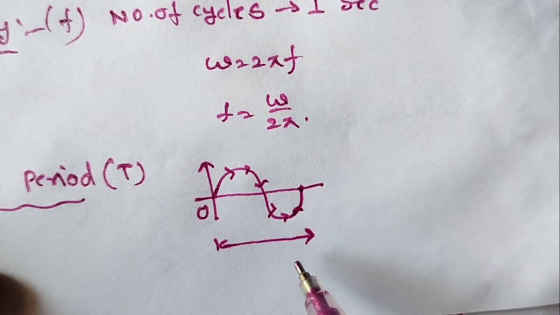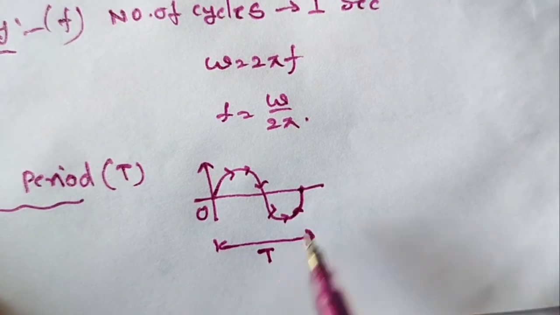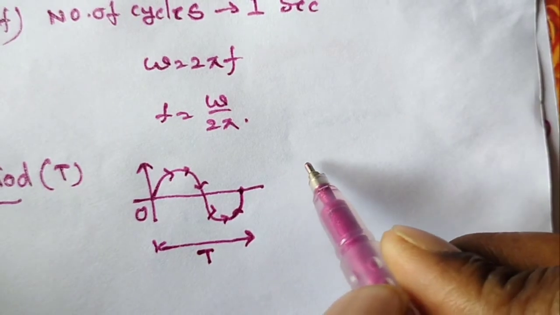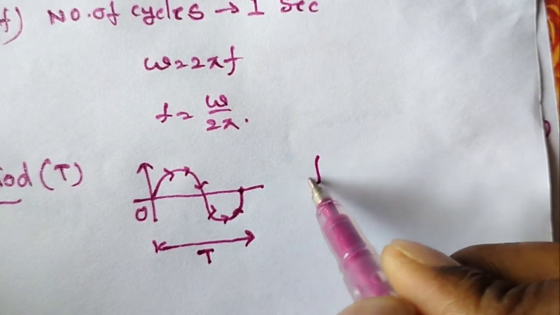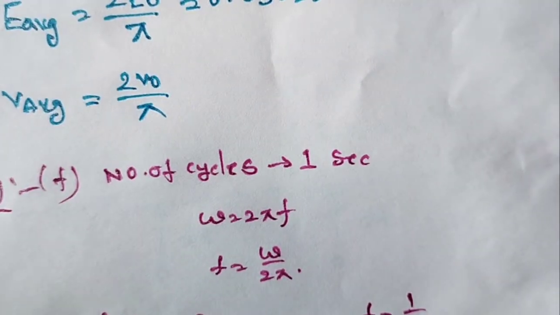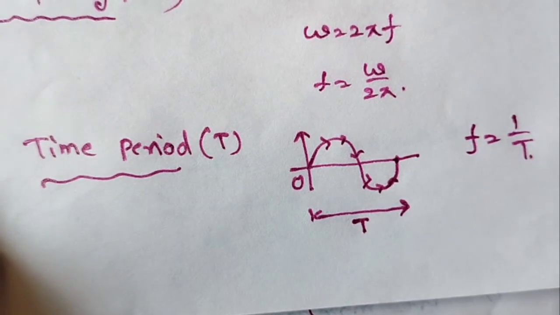The time taken is T, the time period of the AC cycle. Frequency f is equal to 1 by T. So this is called the time period of the AC cycle. Next, mean value.